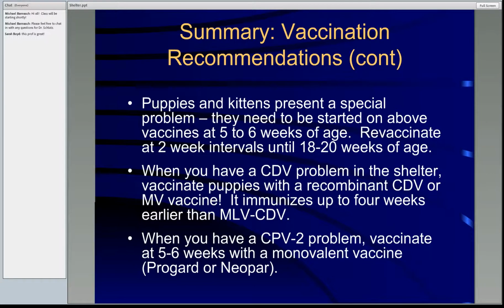And I can assure you that the infectious virus is more likely to infect than the vaccine is to immunize. That's why they're at a real disadvantage in a contaminated environment like a shelter, when kittens and puppies are there and exposed all the time.